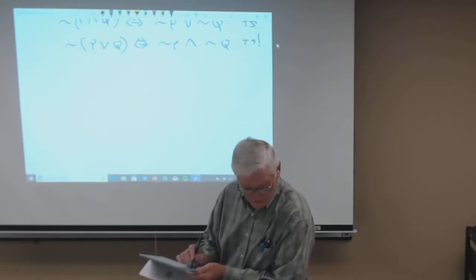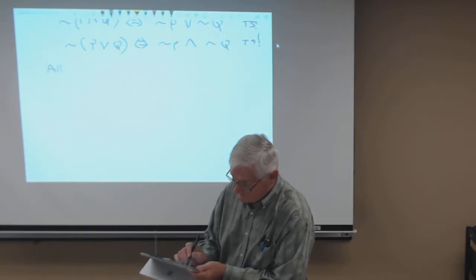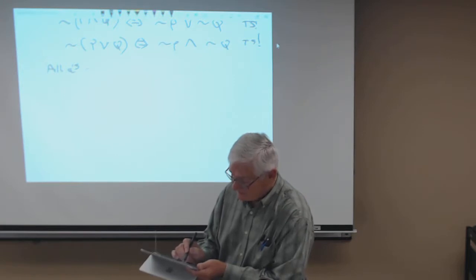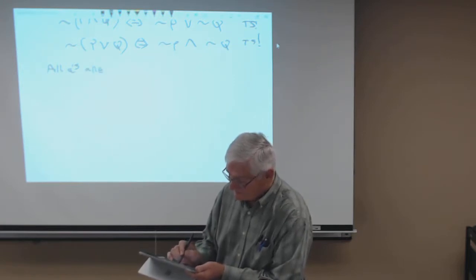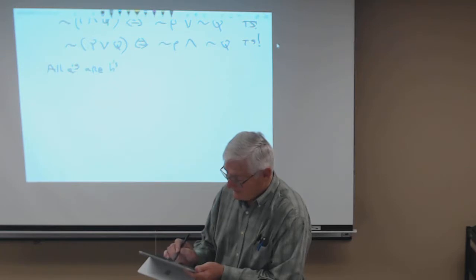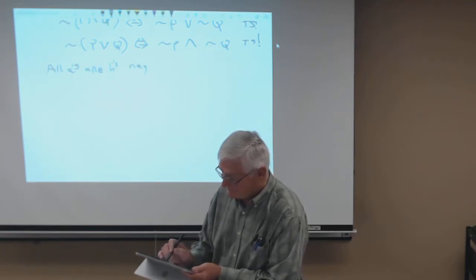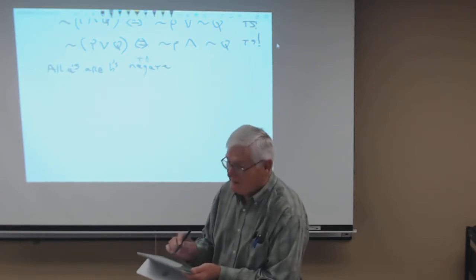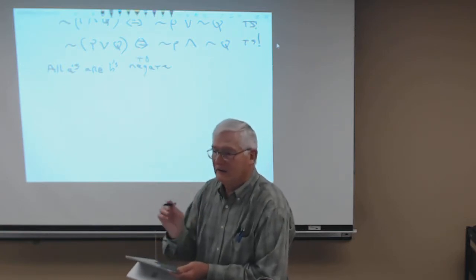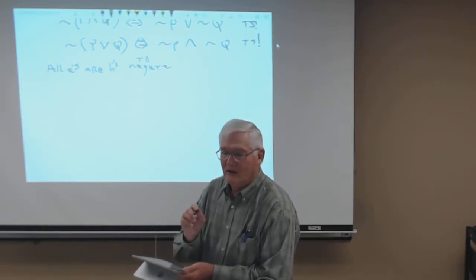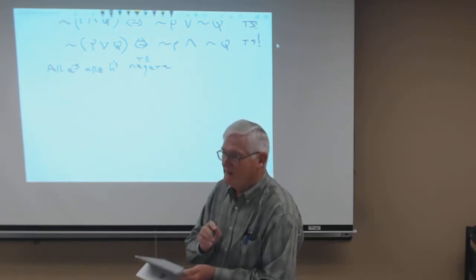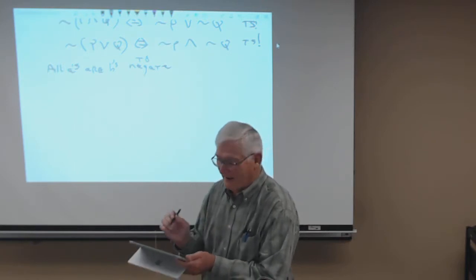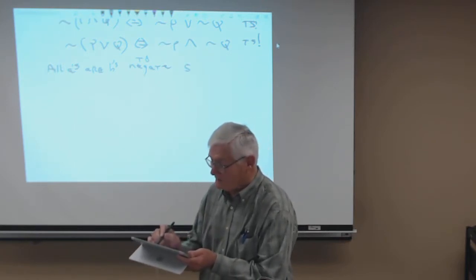All A's are B's. To negate it, if I say all the students in this class are freshmen, then to negate that statement, all you would have to say is some are not.